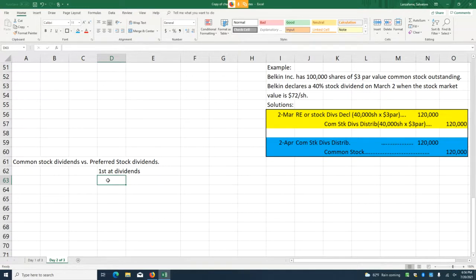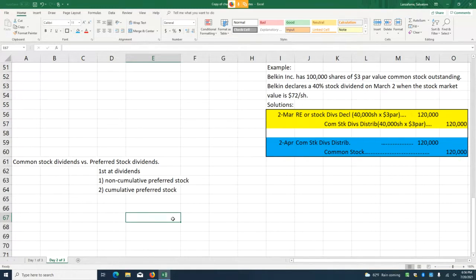There's only 2 that they talk about here. One of the types is non-cumulative preferred stock. And the second type is cumulative. So those are the 2 that are brought up in our chapter.